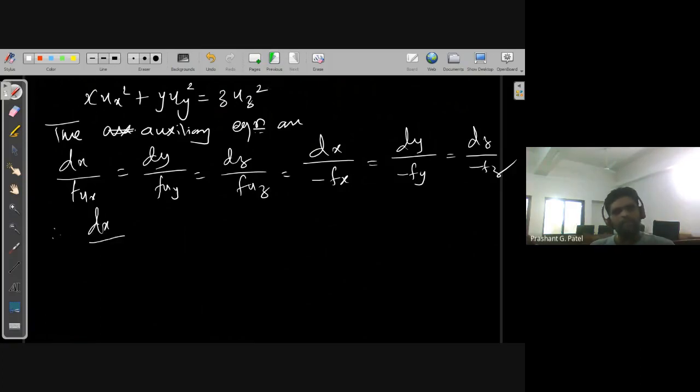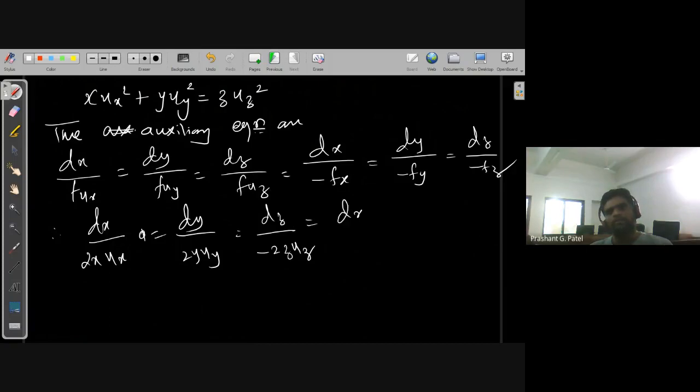So that gives me dx upon 2x ux is equal to dy upon 2y uy is equal to dz upon minus 2z uz, and taking the other side, dux upon minus ux square, duy upon minus uy square, and minus minus becomes plus uz square.